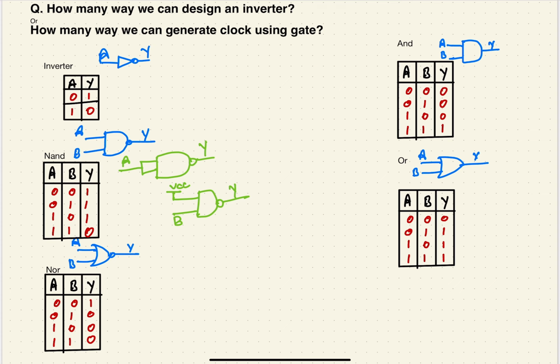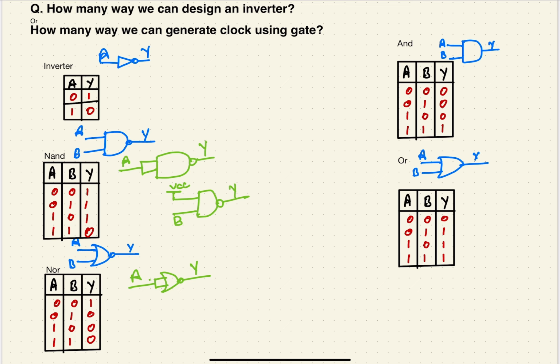So we can short the inputs and make the inverter. These are two conditions, and one more condition we can take for making an inverter, that is when A is 0, whatever B is, it is inverted as an output.